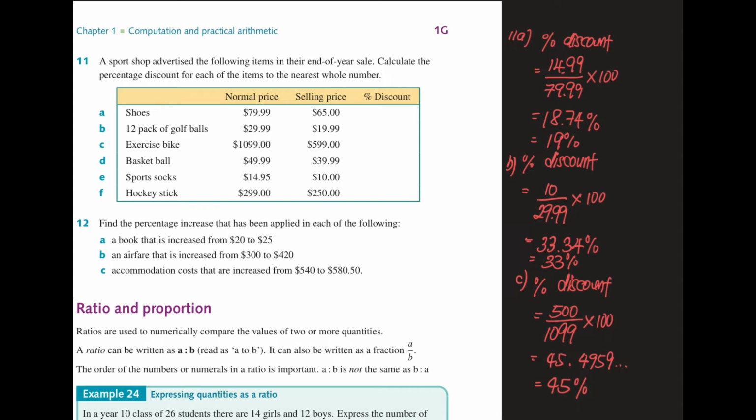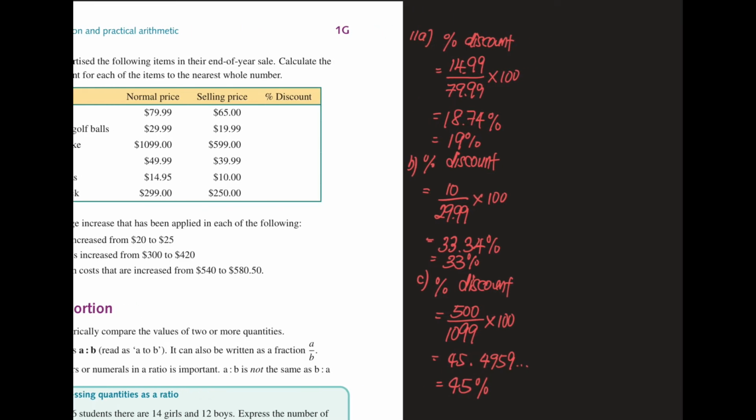Okay, so let's continue. Part D, basketball, $49.99, $39.99. So the difference, $10.